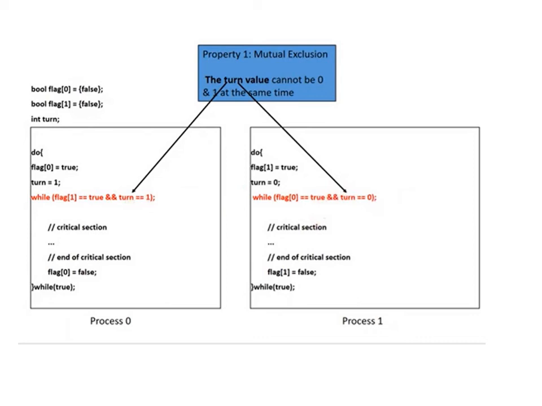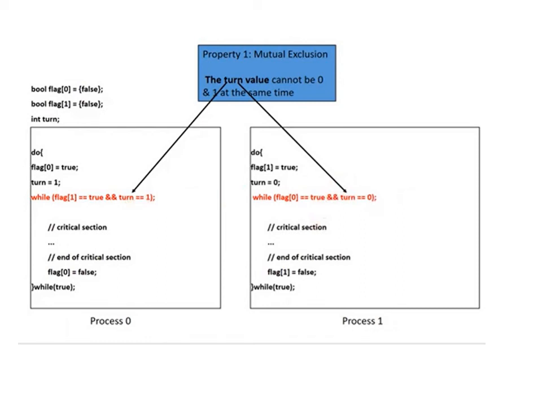Progress means that out of all the processes, we consider only the interested processes, and the decision should be taken in a finite amount of time. So here the second property, progress, is also satisfied. Why? Because process 0 and process 1 are both willing to enter the critical section, but at a time we give a chance to only one process.